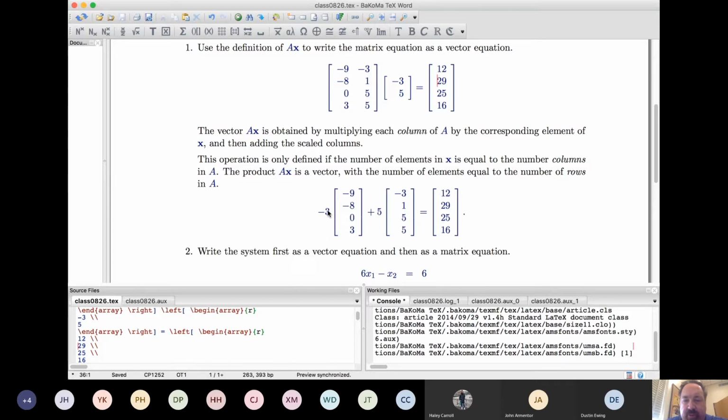To finish off this operation, you would go ahead and multiply these out, like you distribute the minus 3 to all this and the 5 to all this. And what you would get would actually be the elements of this vector.